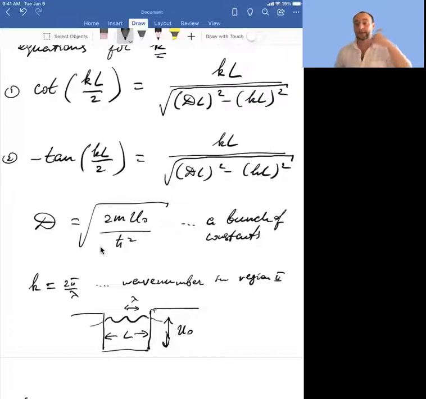I want to stress the following thing. This looks scary. I know, it's beyond what you've seen. Script D and L, they're just a bunch of numbers. D is a number, just like 17.